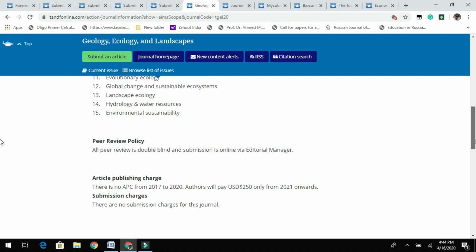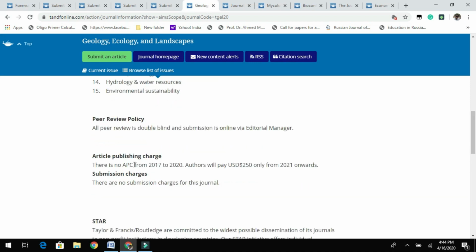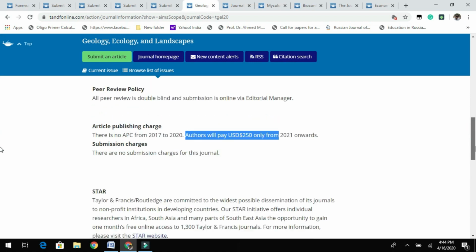It is a double blind peer reviewed journal, and there is no article processing fee if you are submitting your research article between 2017 to 2020. Later, after 2020, authors will pay $250 as an article processing fee.